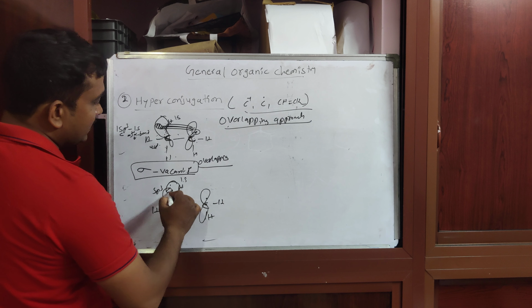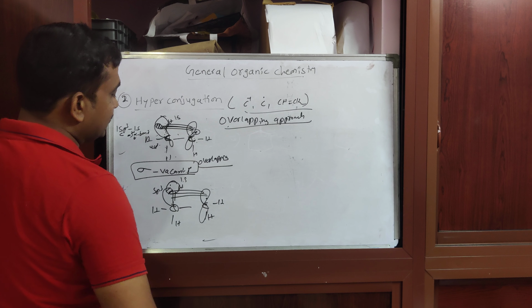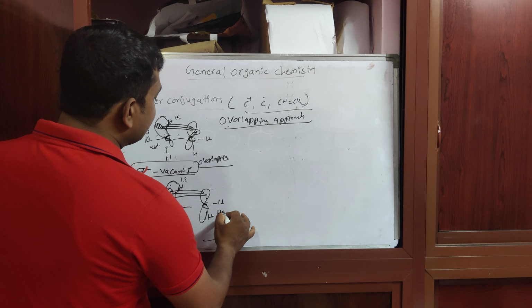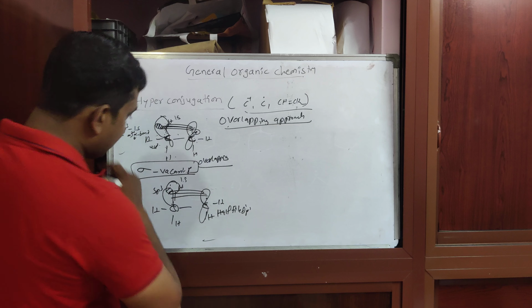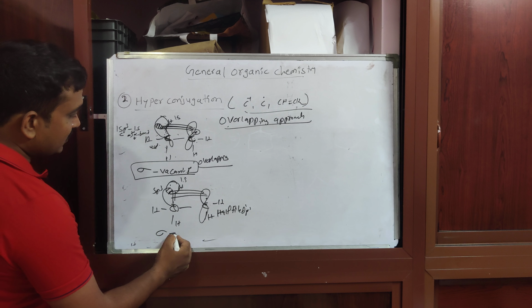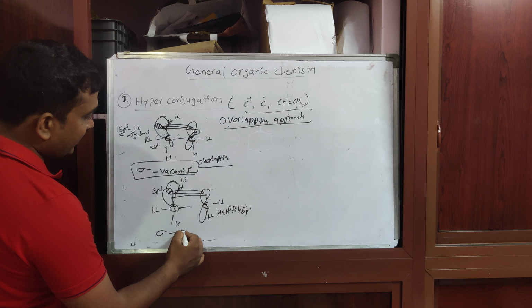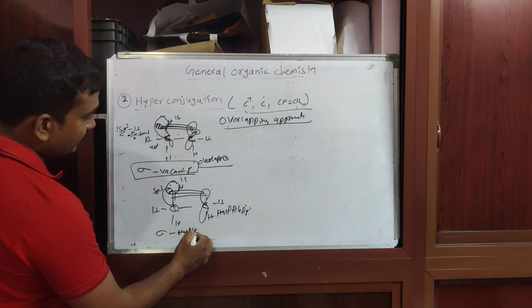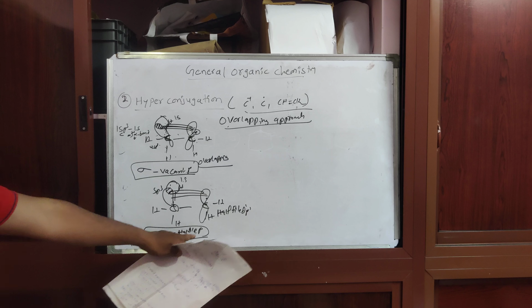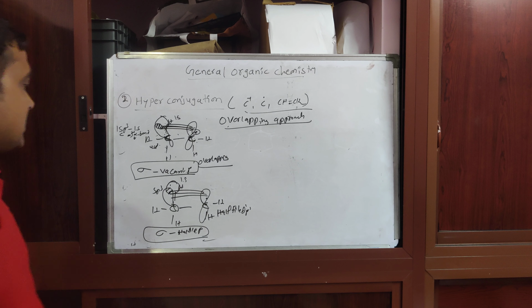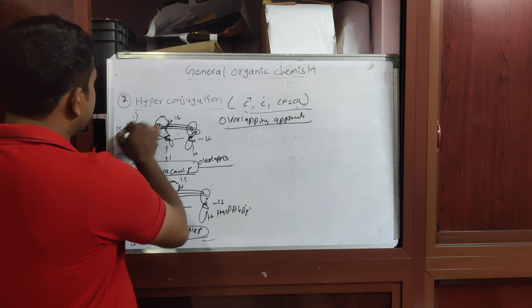This is a sigma bond, and it donates the electron towards the half-filled p orbital. One of the electrons is in the half-filled p orbital. This is carbon. The sigma bond is donated to the half-filled p orbital. That's why this is called sigma half-filled p orbital overlapping. This is in case of free radical. This is in case of carbocation.